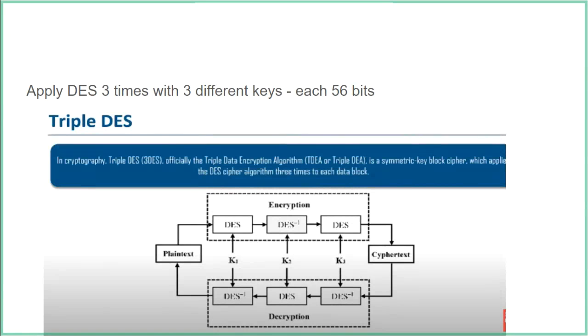So 56. How much it is? 168. Correct, right? 168 only. Yes. Okay. So yeah, 168. They say it is 168-bit, but it is wrong. To be frank, it is just a 56-bit key only, but they say it is 128-bit, 168-bit password protection.